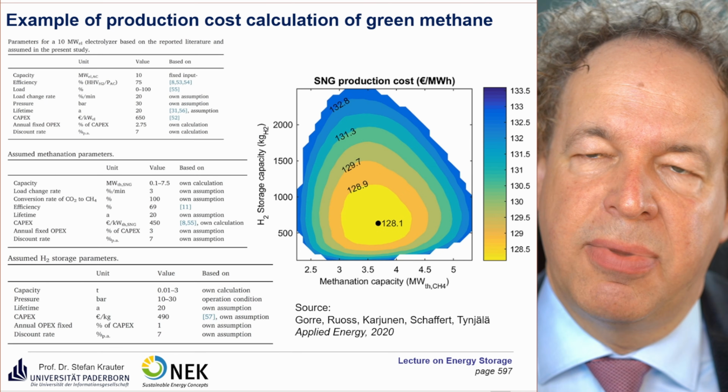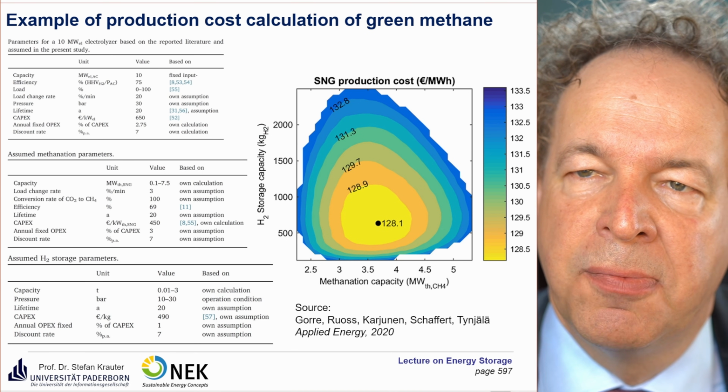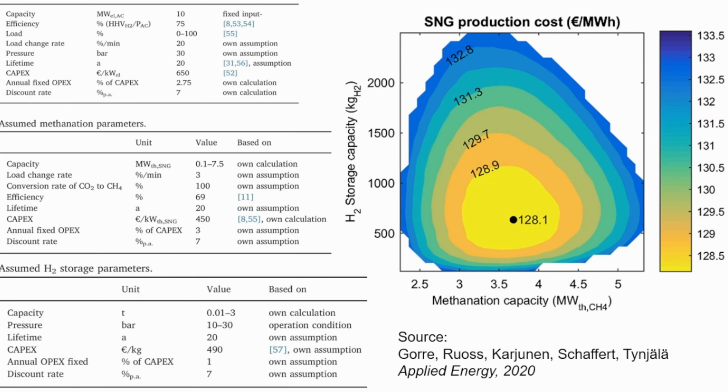This is an example of a cost calculation from this publication from Applied Energy. You see here on the graph, the x-axis is the methanization capacity in megawatt. We have a storage capacity because the tanks also cost, and you can find the cost optimum. But you still see even at the optimum, we are in the vicinity of 128 euro per megawatt hour, or in other words, 12.8 euro cent per kilowatt hour, which is rather expensive.